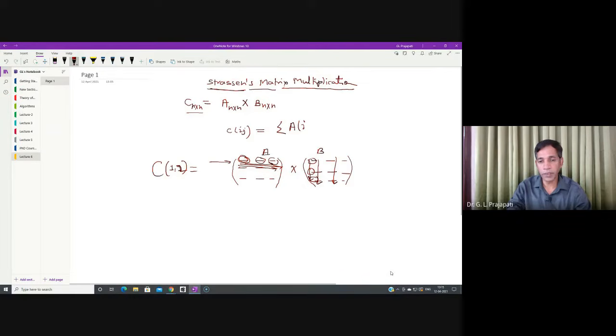For the matrix A, you need to consider the ith row, and here you use k, because you need to vary k. Here k refers to the column, so k is equal to 1, 2, 3. If the matrix dimension is n by n, then k goes from 1 up to n.